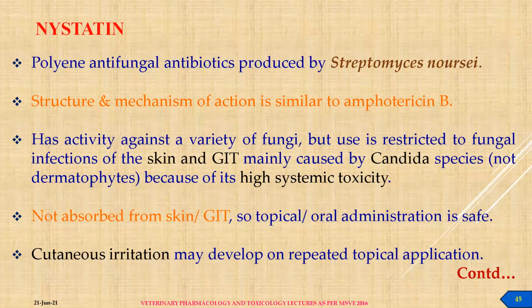And it has very high systemic toxicity. Please think that most of the antifungal drugs do have very high systemic toxicity because the fungal cell has a similar structure to that of the host cell.